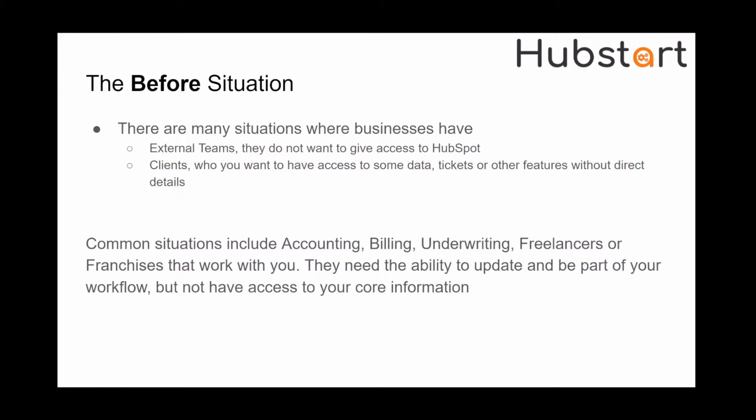So let's have a look at a few, like accounting, billing, underwriting, working with freelancers, or working with franchises, for example. They might need the ability to interact with specific contacts or specific information or specific tickets, something that's going to require feedback or an action and then hook back into your HubSpot.